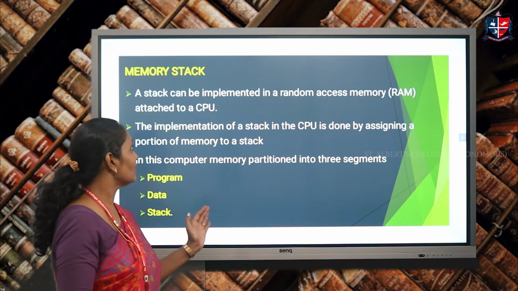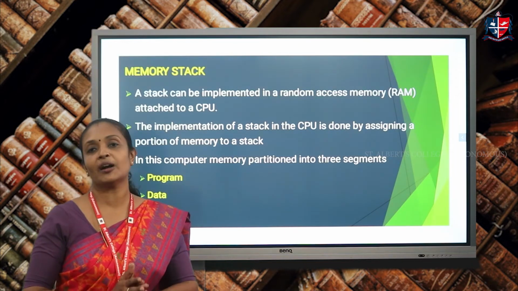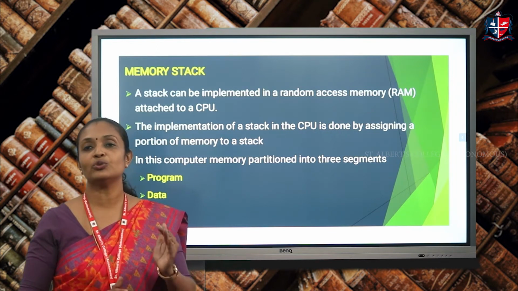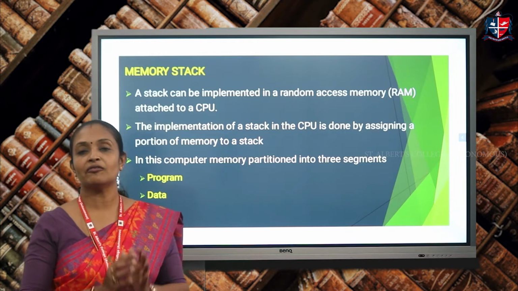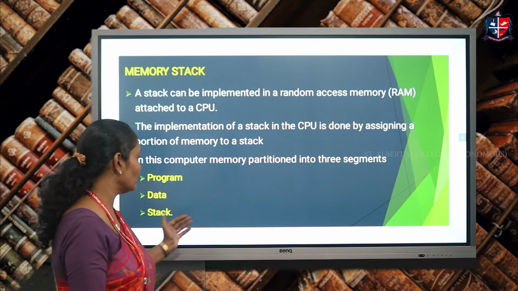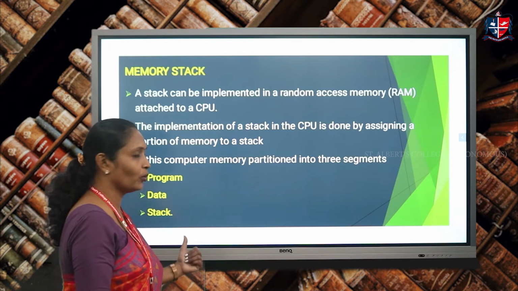What is actually happening is that the memory of the system has been divided into three major areas. One part is scheduled for the stack, another part is scheduled for the data, and the third part is scheduled for the program.